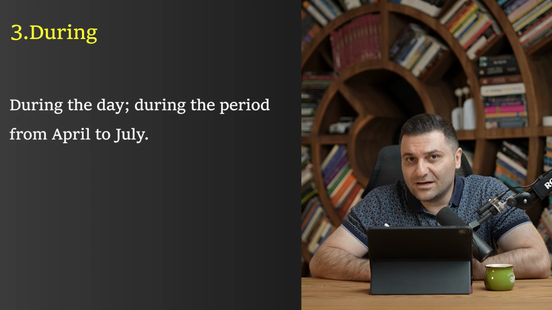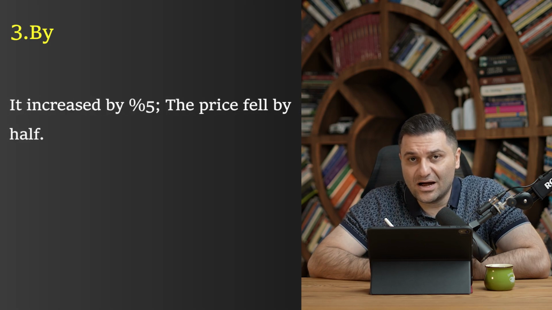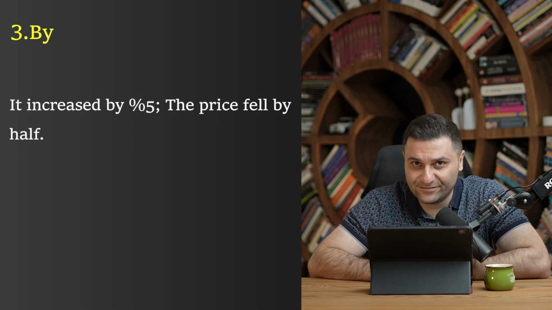Our next preposition is by. It's very important, and it's frequently used in writing. By is used in two cases. The first one is change, and it's after a verb, for example, it increased by 5 persons or the price fell by half.